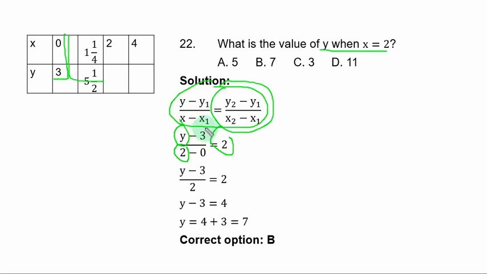So this point is y1, that is 3, and 0 is for s1. So you have y minus 3 over 2 equal to 2. If you clear the fractions, you have y minus 3 equal to 4. Collect like terms, y is equal to 4 plus 3, and you have 7. B is the correct option.